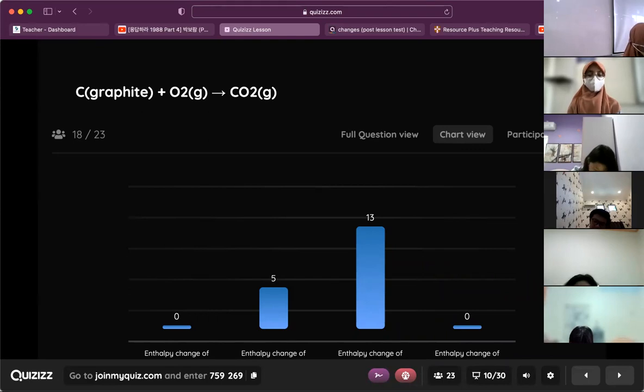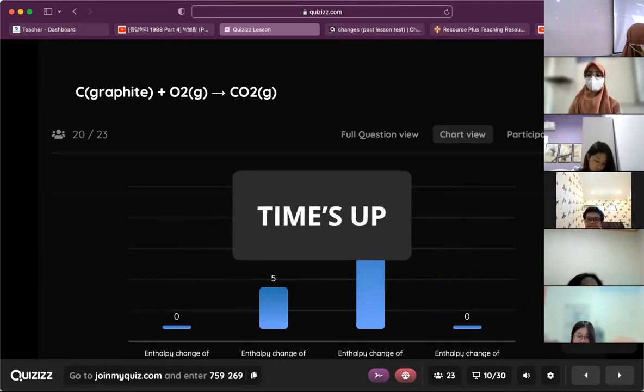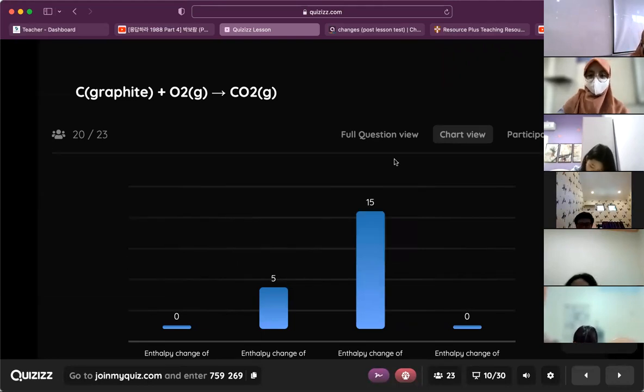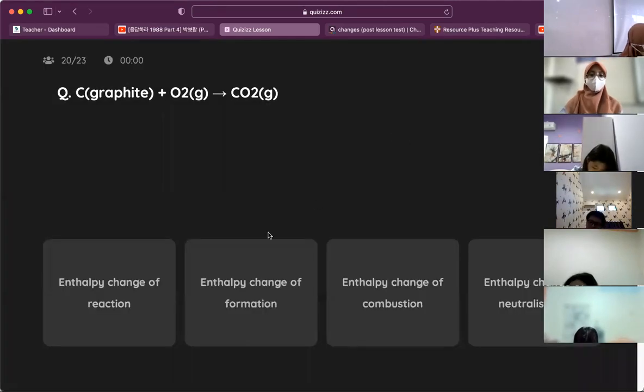If you get confused, can you select more than one? Sorry, cannot. Okay, that's okay. So some are answering enthalpy change of formation, some are answering enthalpy change of combustion. If you're answering formation and combustion, you are correct.